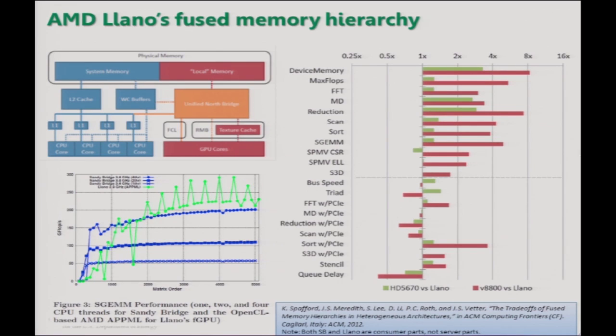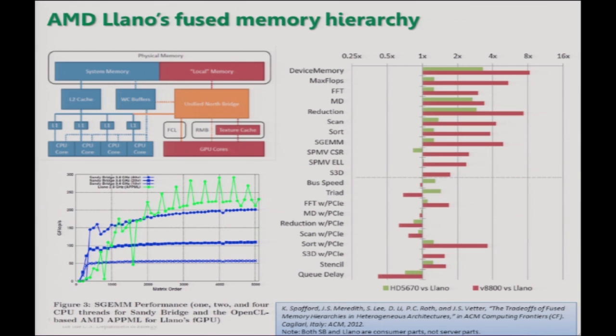So one point I want to make about the fusing of these architectures is, this is just an example of the complexity of architectures that we're starting to see. When you have something like Ivy Bridge or this AMD Llano chip, instead of having two discrete devices, your node CPU and memory and your GPU and memory, and having to cross the PCI Express bus to transfer data and control the GPU, it's all in one socket, one package.